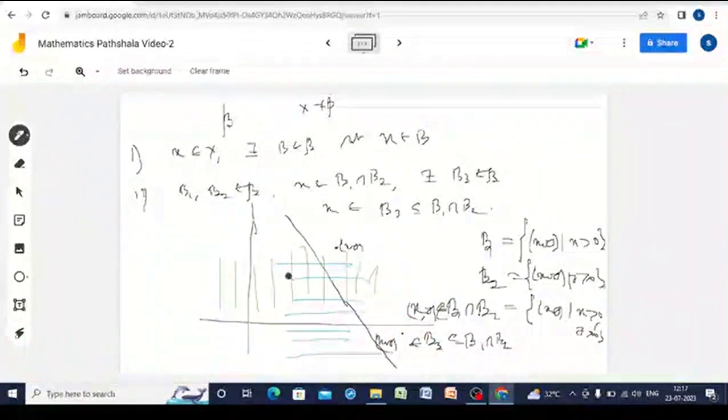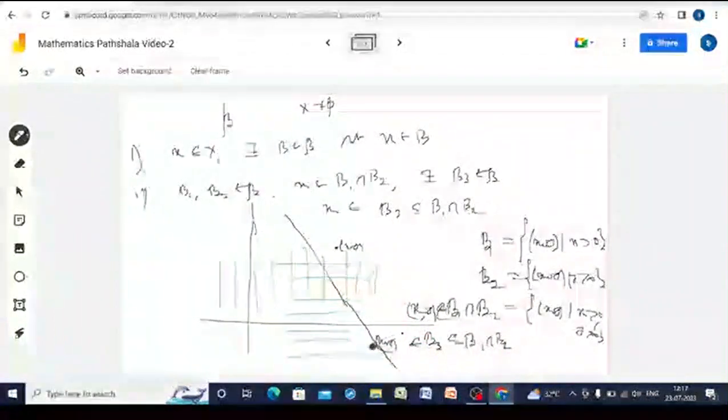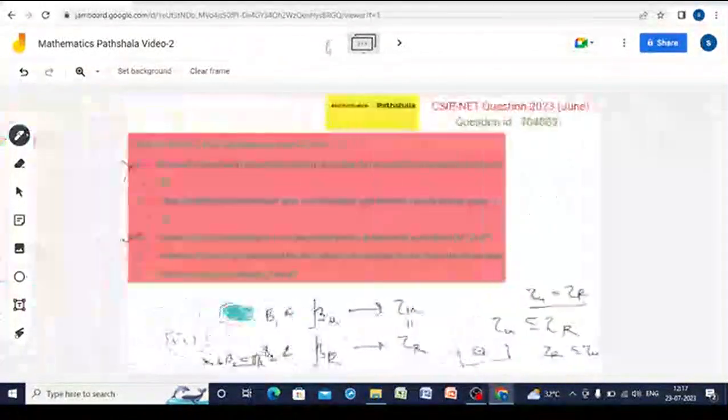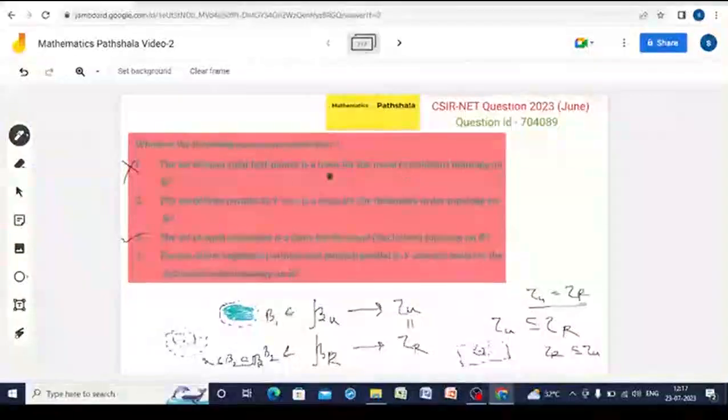So we cannot find a right half plane which contains (x, y) and is a subset of B1 intersection B2. So this script B, the collection of all such right half planes, will not form a basis for the usual topology on R2. So option 1 is not correct.